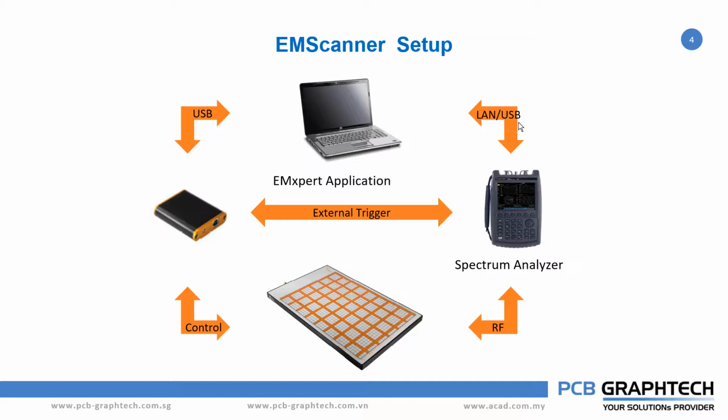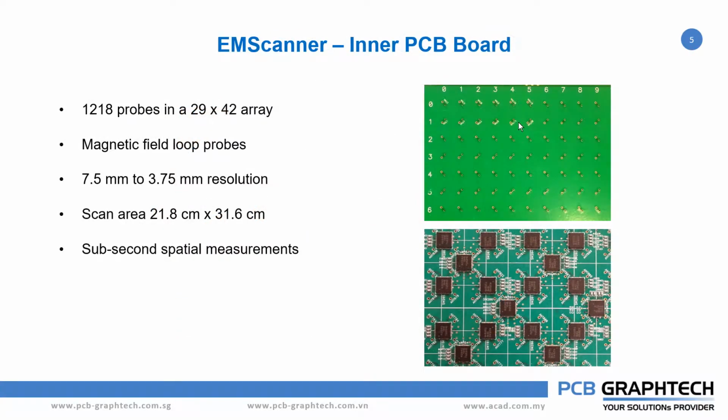Coming down, you can also see the inner board of your EM Scanner. In the EM Scanner, there is a PCB board inside it, and this board has 1218 probes. Each probe is of XY orientation with 2 mm size.